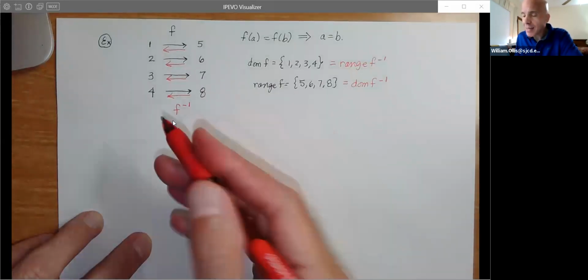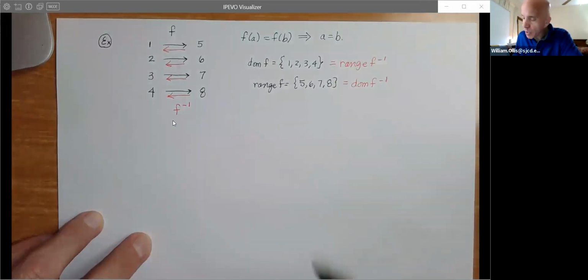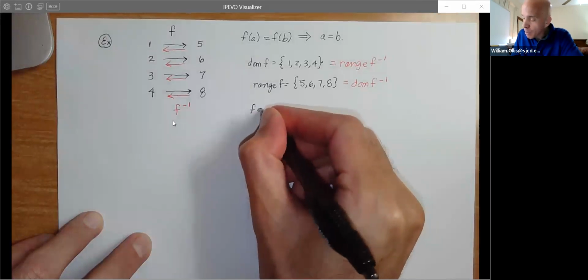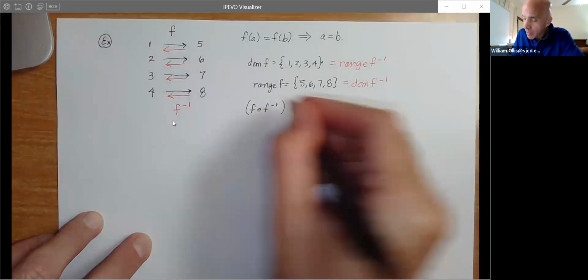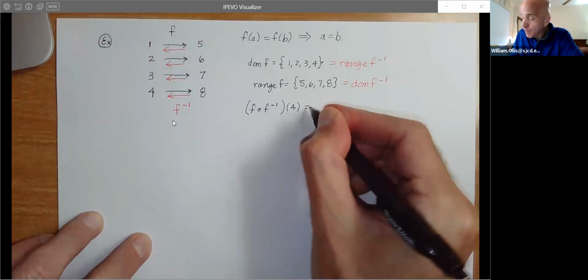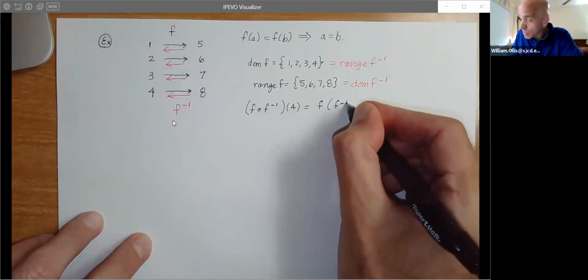So the idea here is that we can look to see what's going on. For instance, if we say f composed with f inverse, let's just pick 4. Well, by definition, this is f of f inverse of 4.